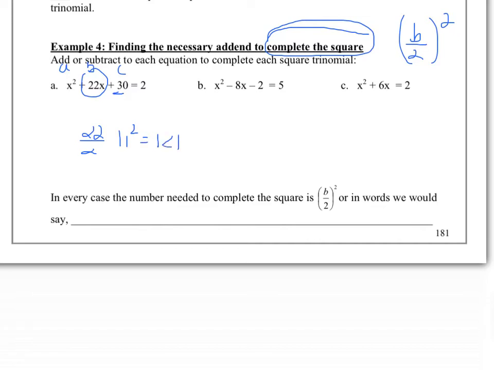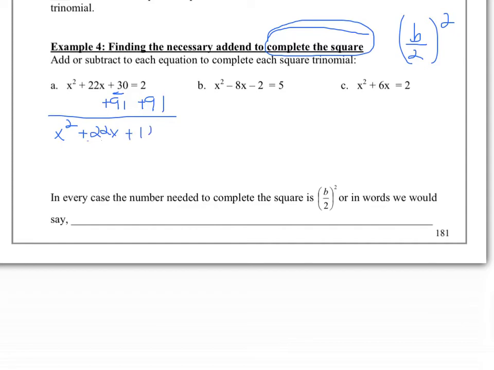So what I need to do here is to get C equal to 121. Let me erase this. I have x squared plus 22x plus 30. If I add 91 to both sides, C will become 121, which is what I want. So x squared plus 22x plus 121 is equal to 93.